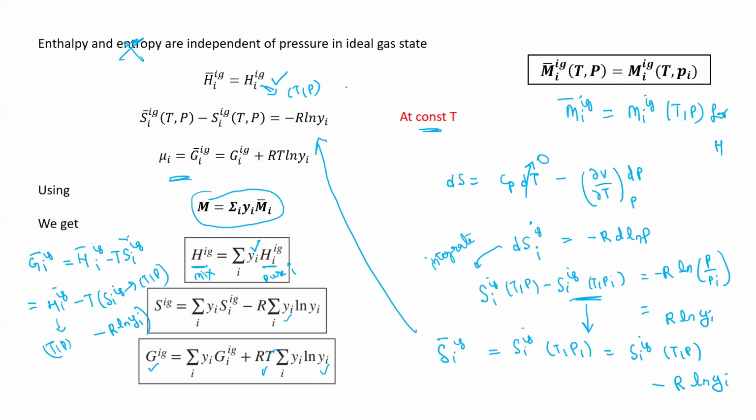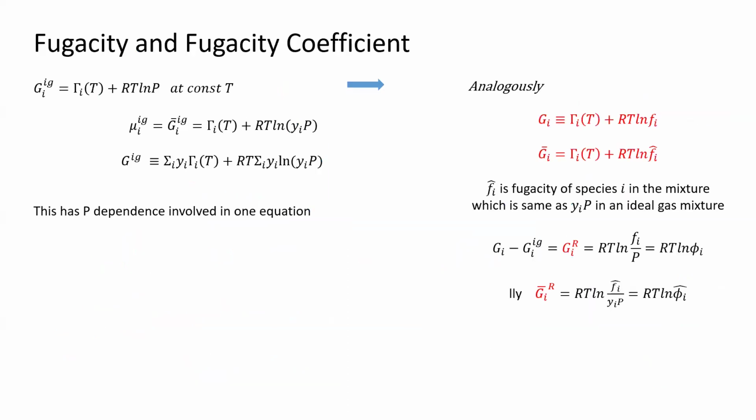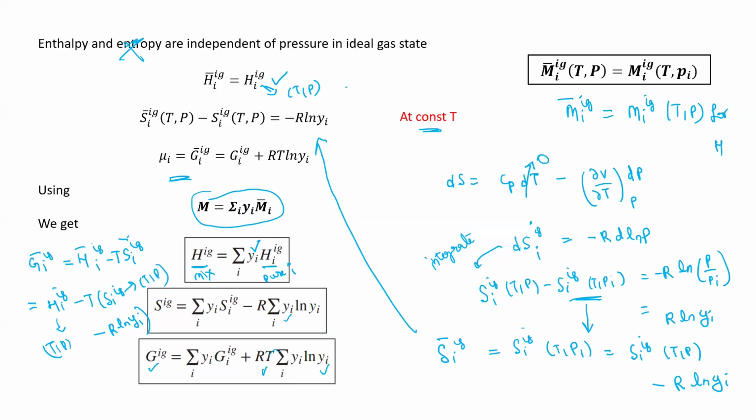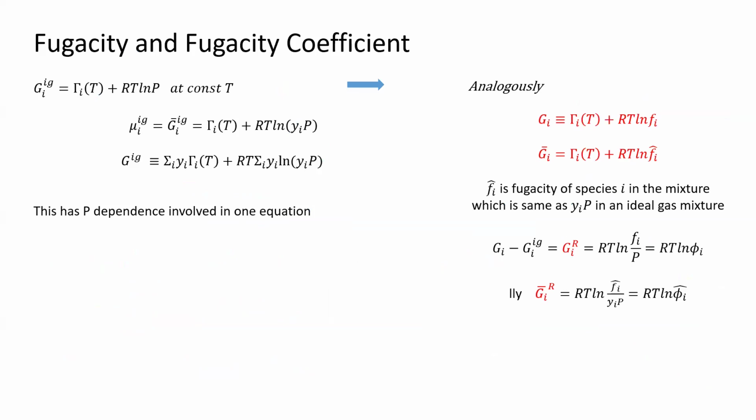Now, coming to that, the Gibbs energy can be described in a different way also, because we know dG equals V dP minus S dT. At constant temperature, dT is equal to 0.